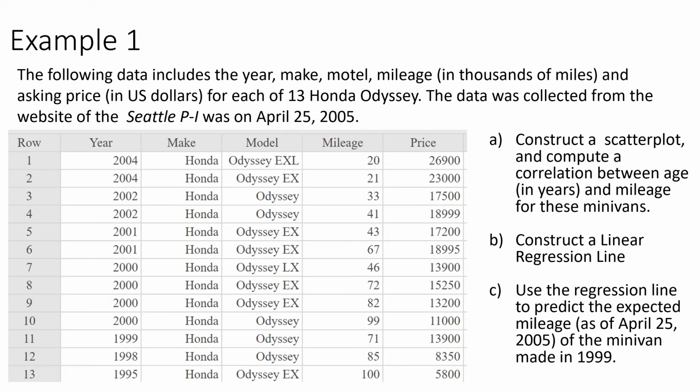We are going to use technology to find our coefficients m and b. I have a video that shows how to use StatCrunch to find those coefficients. Please refer to that video. And for question C, we're going to use the regression line to predict the expected mileage as of April 25th, 2005, of the minivan made in 1999.